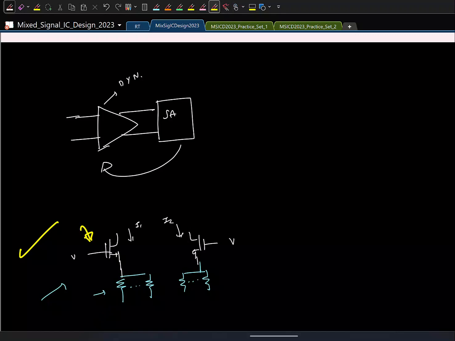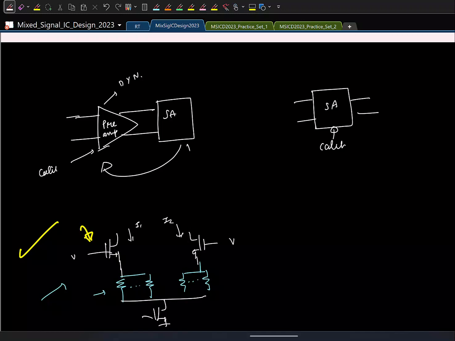Okay, so you put this, and here you have the tail transistor. So you either have a strong arm latch directly like this, and you do this calibration here to correct for its offset, or you can put a preamplifier here, and this preamplifier is always a dynamic amplifier, and then you can do calibration for both.